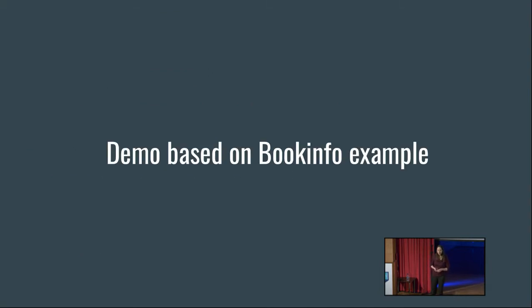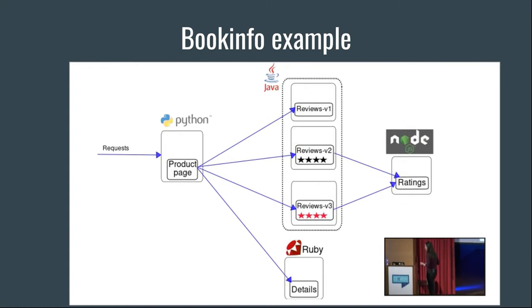And I would like to show a short demo. The demo is based on the Bookinfo example. This is a very simple polyglot example application that's shipped with Istio. And as you can see here, the reviews service has 3 versions, and each part is written in a different language.